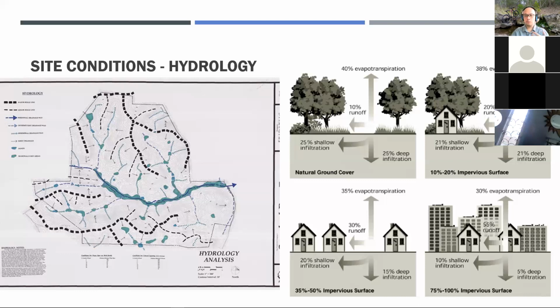Surface drainage patterns and potential flood hazard zones are typically mapped. In this particular map, you can already see where water would generally collect, or pockets of water here and there.